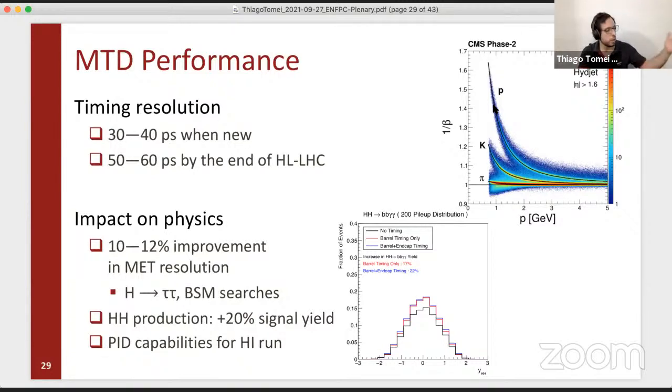The Higgs production that I said in the beginning is going to have plus 20% signal yield, so inching ever closer to the 3 sigma. And for our friends in heavy ions, you'll be able to have particle ID, as shown here on the top right. So this detector will give us new capabilities that are hitherto unprecedented in CMS.